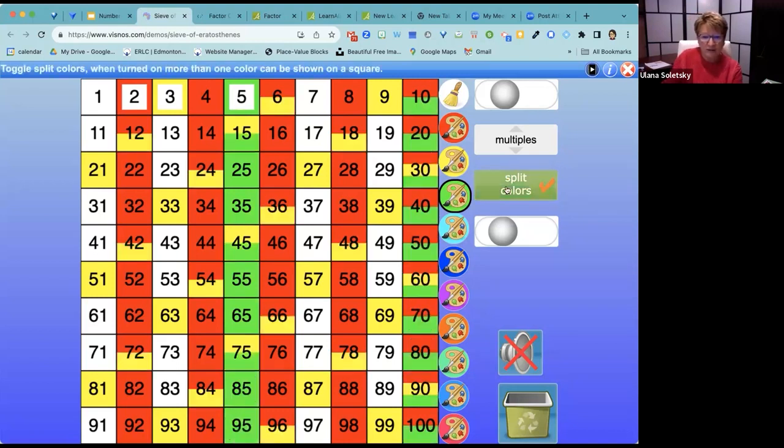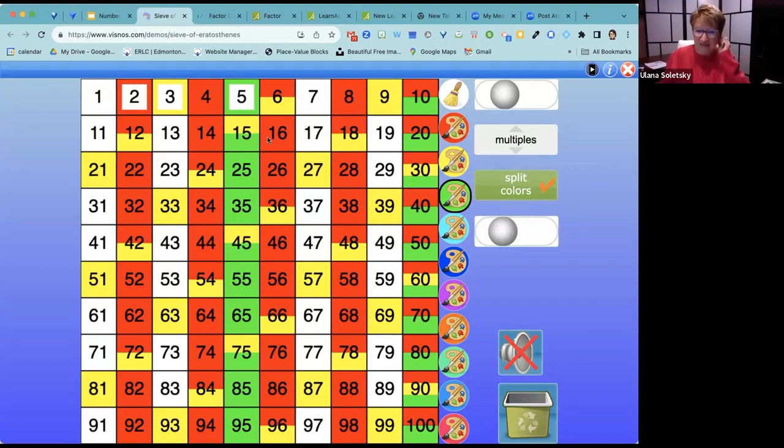I don't know why it didn't do that. Oh, there. Okay. Do you notice when I said split colors, you can see that 10 is also a multiple of 2 and 5. And 30 is a multiple of 2, 3, and 5.